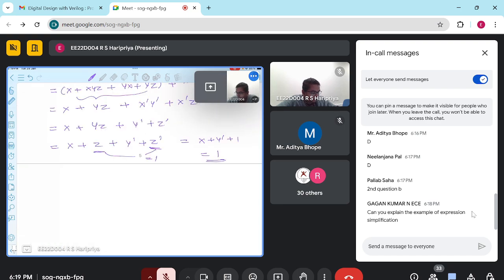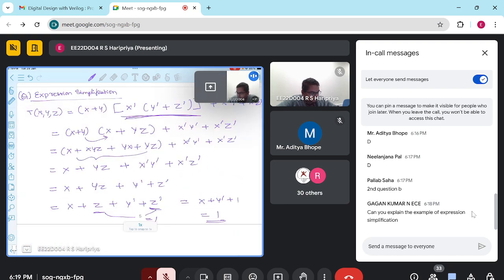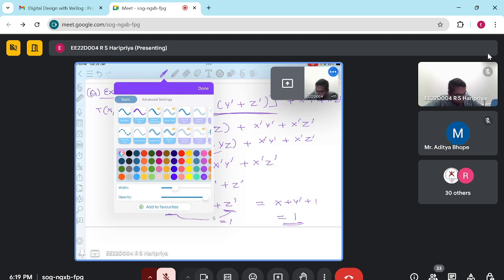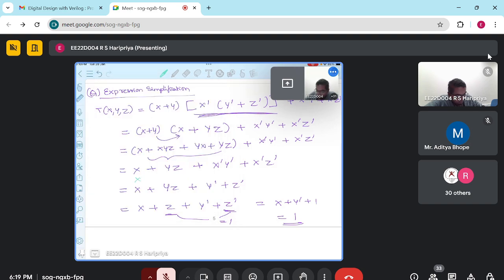Yes, expression simplification. So first here you can take x, I'll take some other color. x plus yz plus x complement is common, y complement plus z complement.